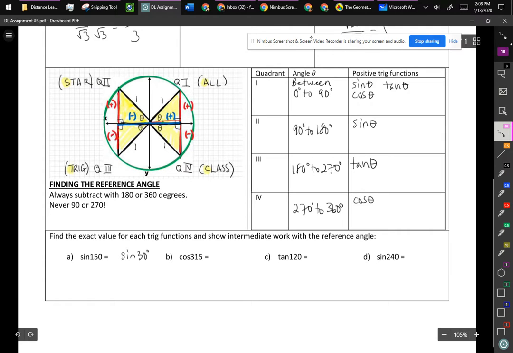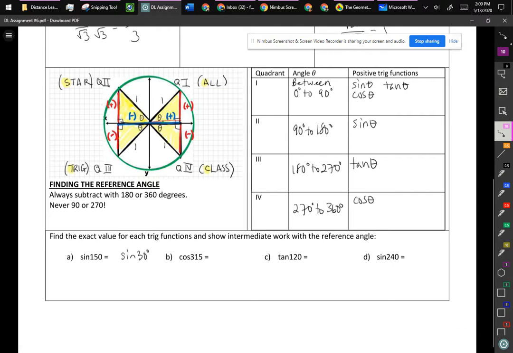The only difference is this part is negative and this part's positive. So this blue part is the cosine, and we're looking for sine. So notice both the opposite over the hypotenuse, the opposite over hypotenuse of the quadrant 1 triangle is the same thing as this one. So that means they're both positive.